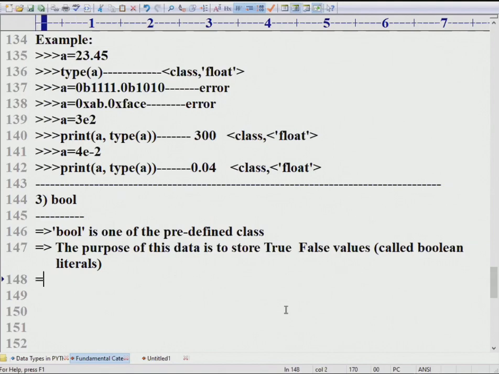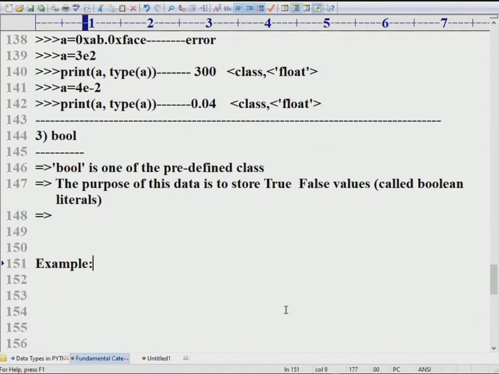Let me go to a small example here. After that, I will go for some more discussion. See, here I am saying A is equal to True. Dear students, capital T you need to use.